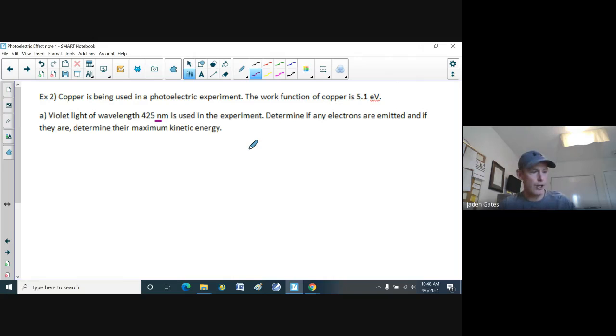First off, we are going to look at what copper's bringing to the table here. Copper has a work function of 5.1 electron volts. Again, that's no good to me, I have to convert that to joules.